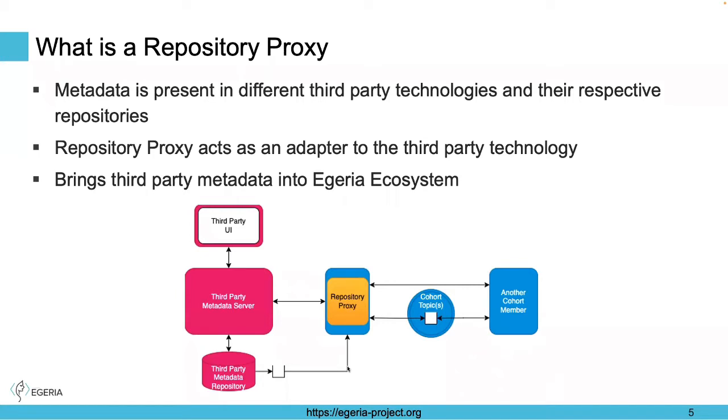But on the other side of it, it is really connecting, having its underlying connection towards the third-party technology, which by itself can be just perfect for the job. But as I said, we do want to expose and create value from the metadata it contains.